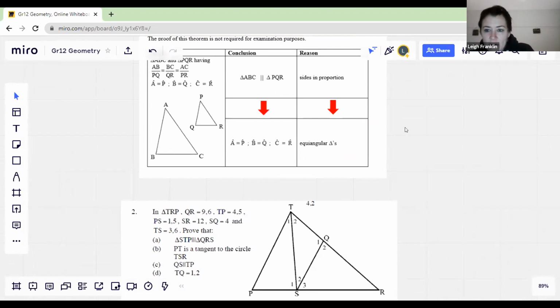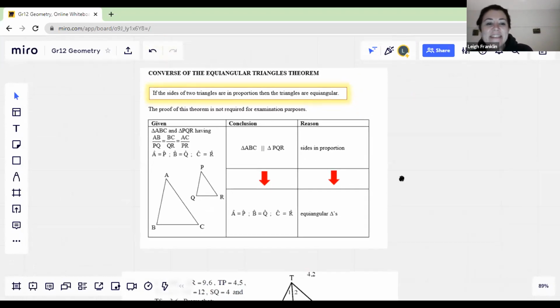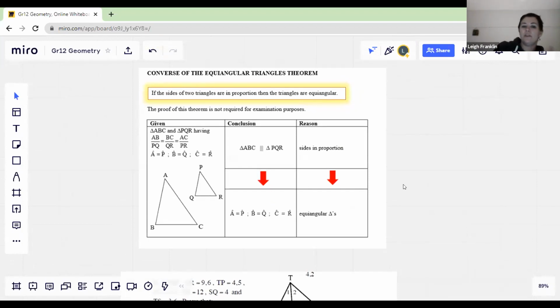Okay, so let's have a look. This is just the converse of the equiangular triangle theorem. That's exactly what I've just shown you. So if AB over PQ equals BC over QR equals AC over PR, it means that angle A equals angle P, first and first.